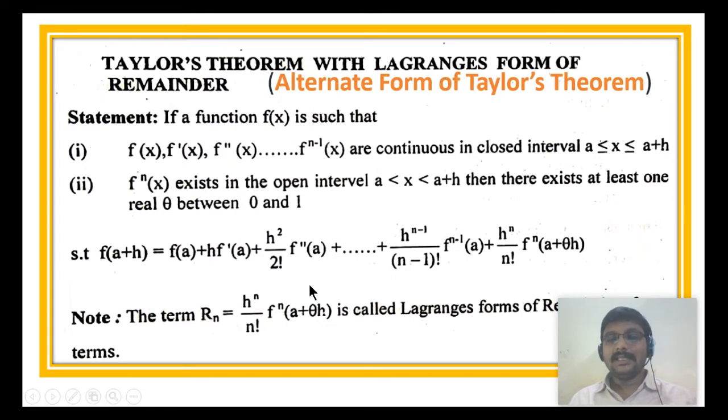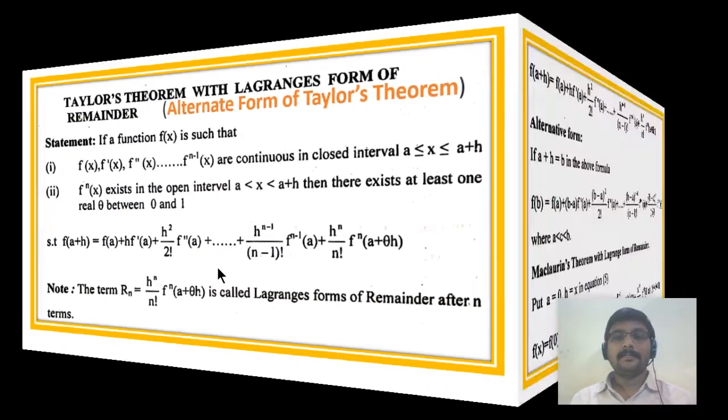What is theta here? Theta is the value which lies in open interval (0,1). This remainder Rn is called Lagrange's form of remainder. The Lagrange's form of remainder is given by Rn equal to h power n by n factorial f nth derivative of a plus theta h.